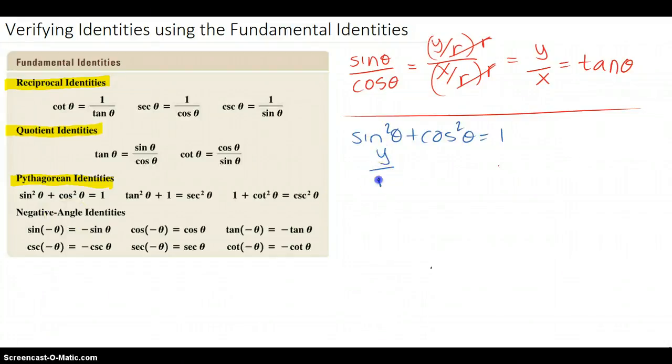This would be y over r, but we square it. This is x over r, and we square it, starting with the left side. So that would be y squared plus x squared over r squared.